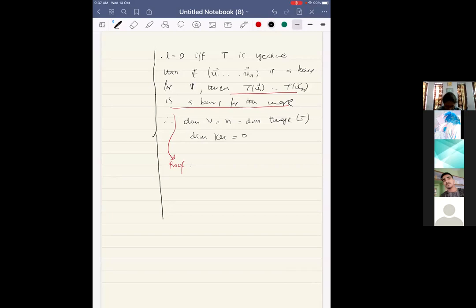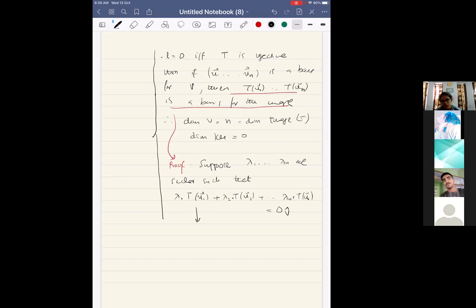Suppose lambda 1, ..., lambda n are scalars such that lambda 1 Tu1 plus lambda 2 Tu2 plus ... plus lambda n Tun is the zero vector in V hat.